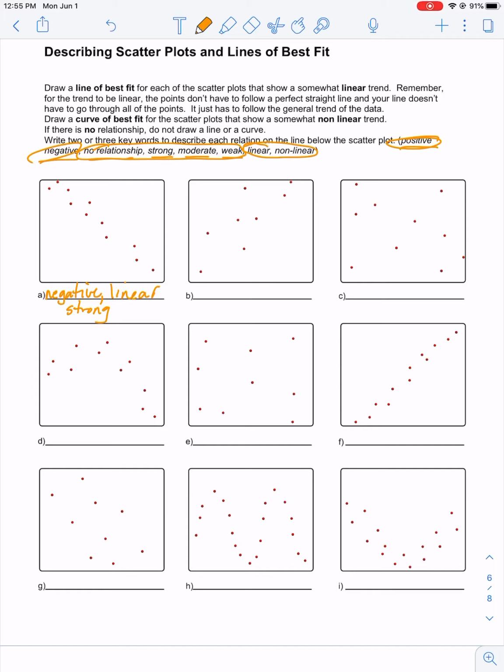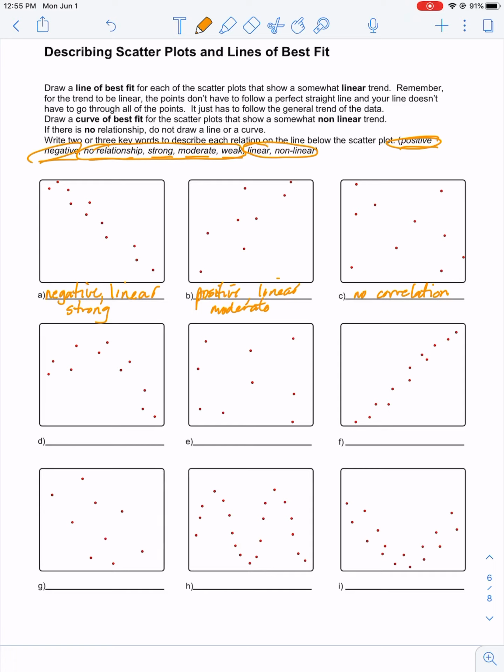I'm going to say this is positive. I'm still going to call it linear, and I'm going to call it moderate. I'm going to say that there's no correlation here. When it's no correlation, it's not positive or negative, it's not strong, moderate, weak, and it's not linear or non-linear, it's just no correlation.